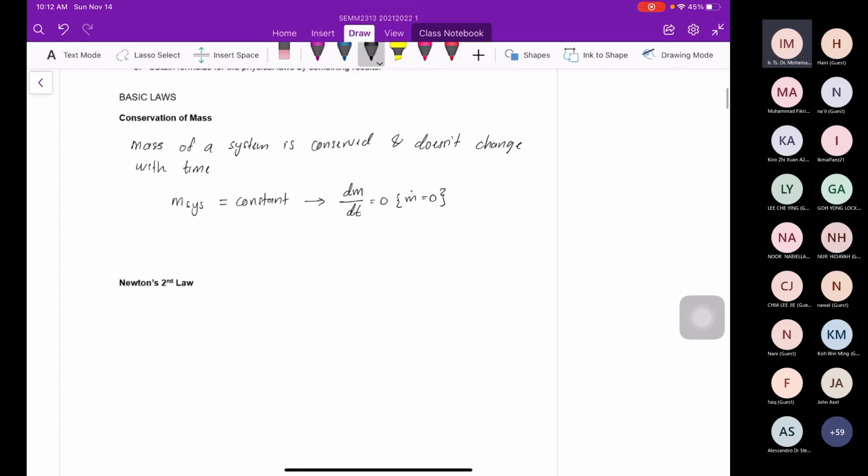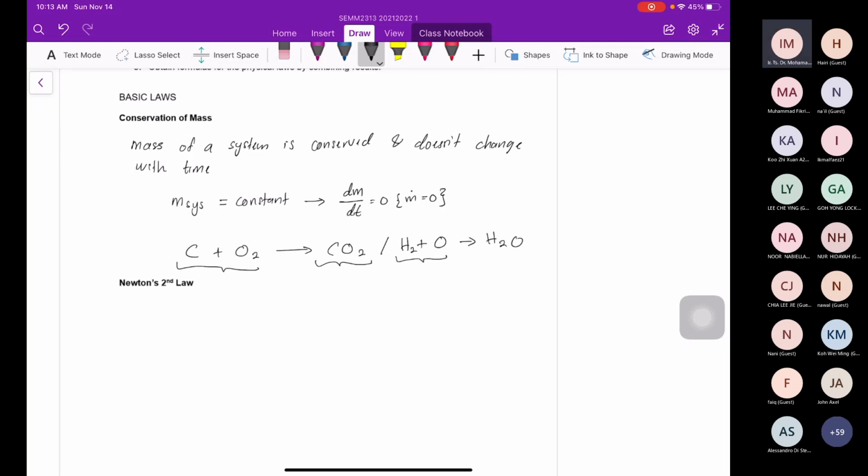What it means is, for example, carbon plus oxygen becomes CO2, or hydrogen plus oxygen becomes H2O.